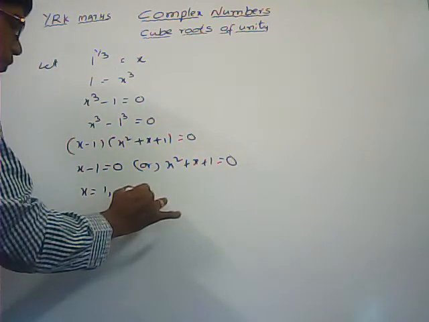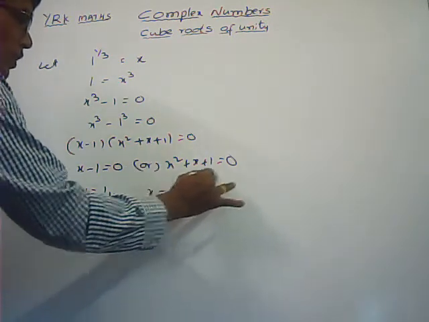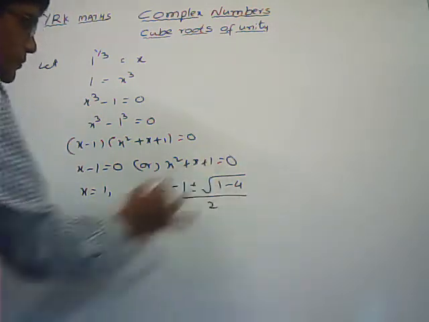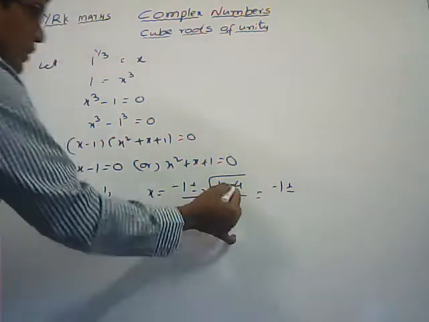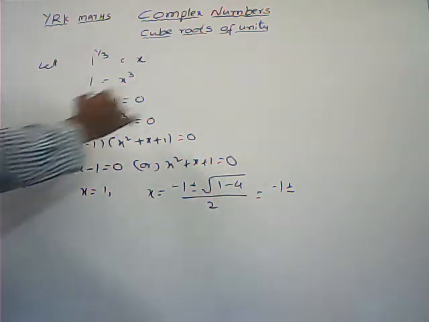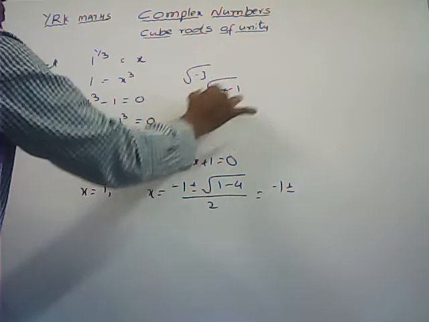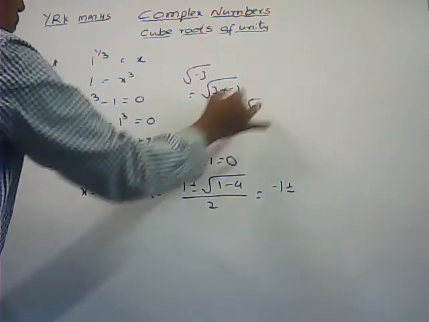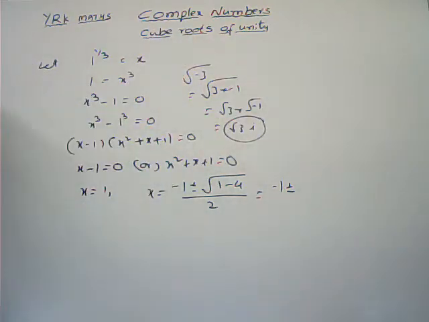So by using the formula, the roots are minus b plus or minus root of b square minus 4ac by 2a, that is minus 1 plus or minus square root of minus 3. We can write root of 3 into minus 1, since root of a into b is root a into root b, at least one should be positive. Root 3 into root of minus 1, that is i.